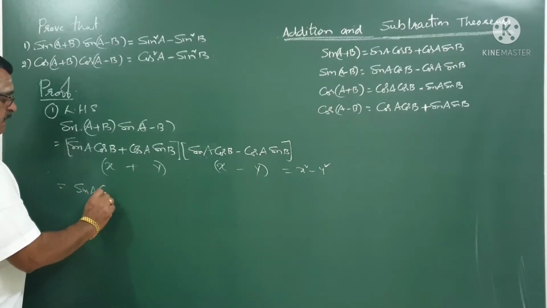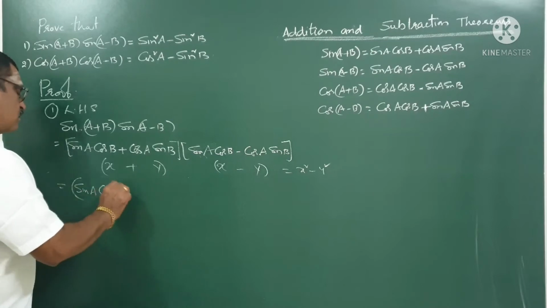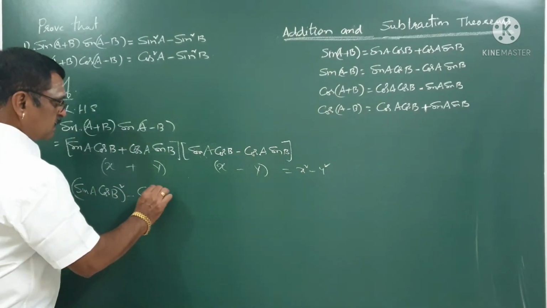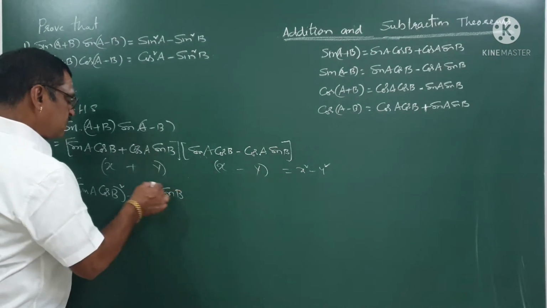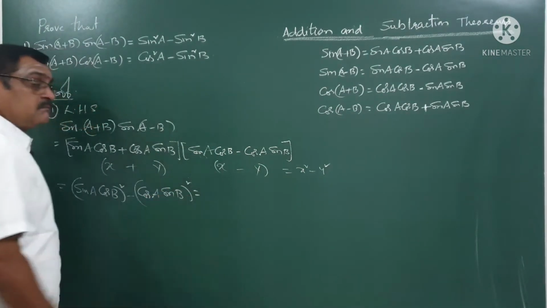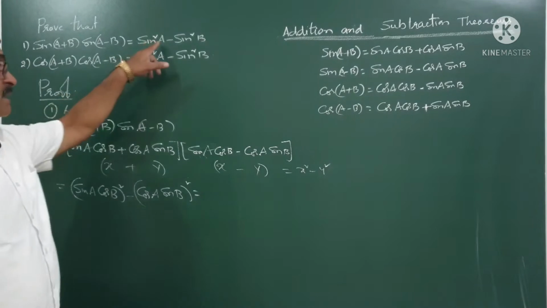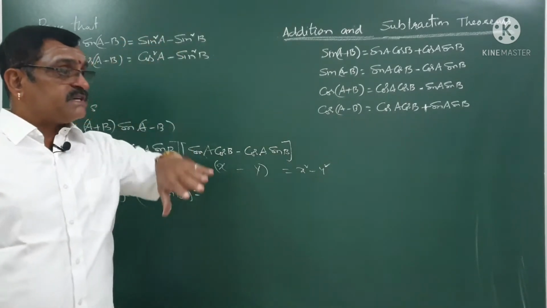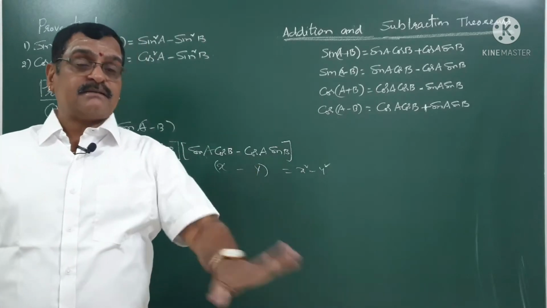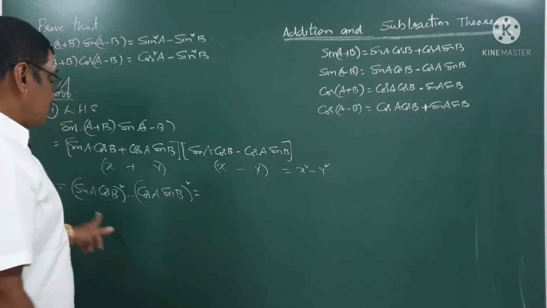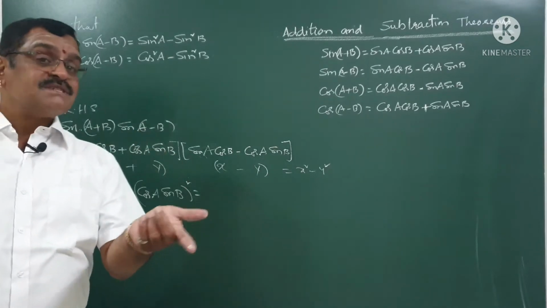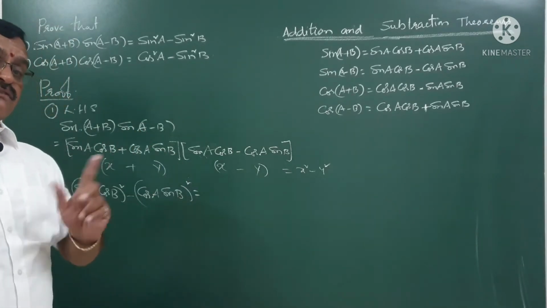sin a cos b whole square minus cos a sin b whole square. Now focus on the right hand side. Right hand side, I have the expression only in terms of sine. That means whatever you have here, you have to convert all those cos terms into sine using the previous identities.